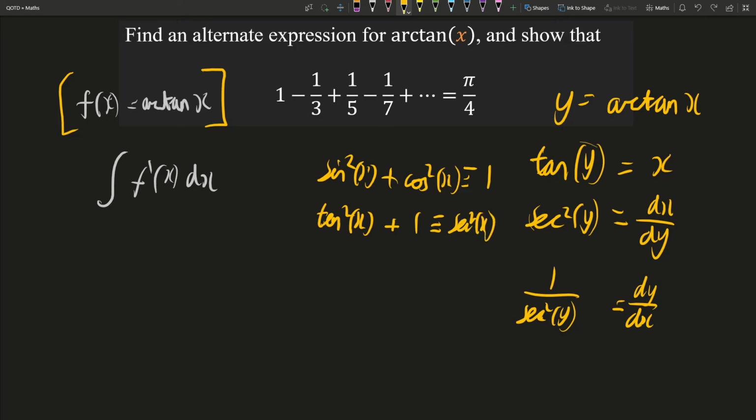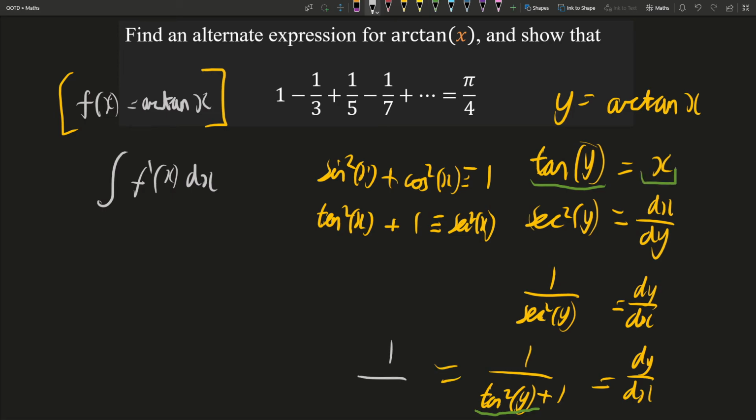Oh, we already know what this is. This is just 1 over tan squared y plus 1 is equal to dy over dx. And now we can replace tan y with what it was, which is just x. We end up with this equal to 1 over 1 plus x squared. And this is our f'(x) that we want.